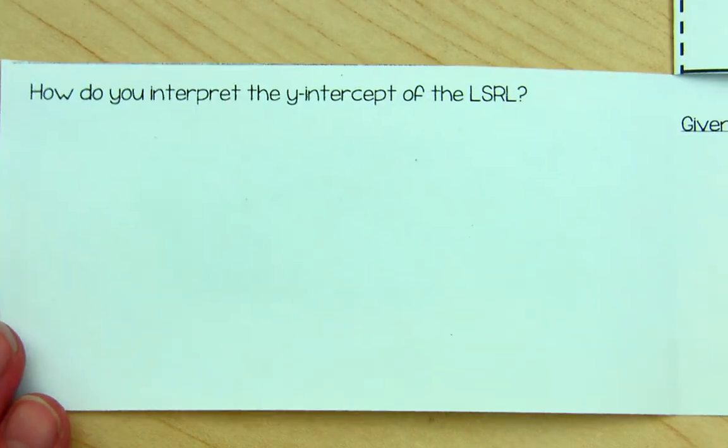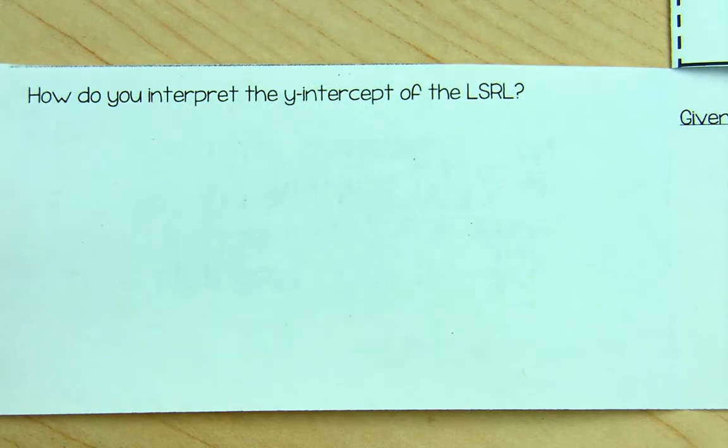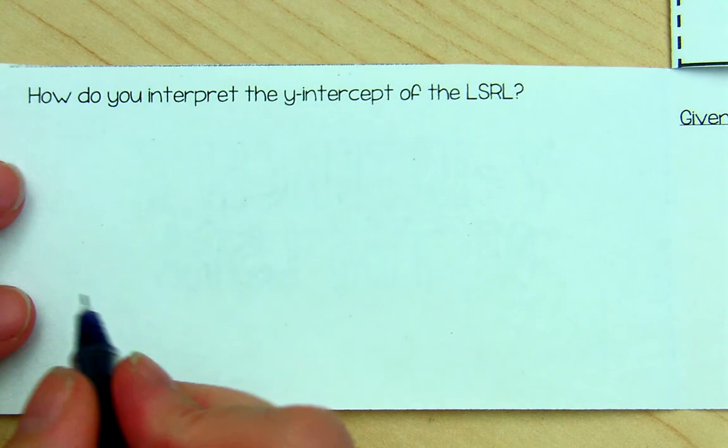Let's look at y-intercept. So, again, we need to know how to interpret. Here we're going to say the y-intercept always happens on the y-axis. So it's when the x variable is 0, what do we think is going to happen with the y? Okay, that's basically what we're saying.